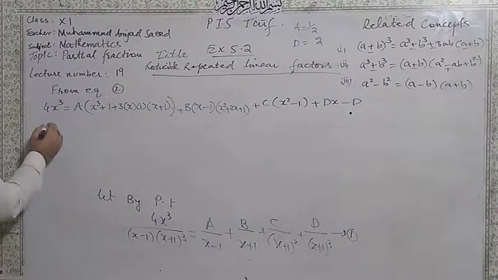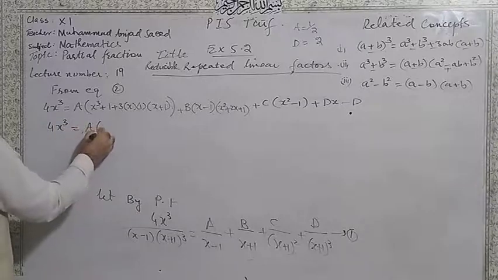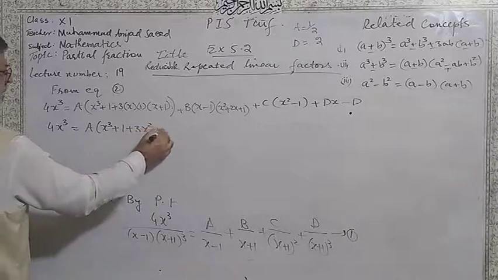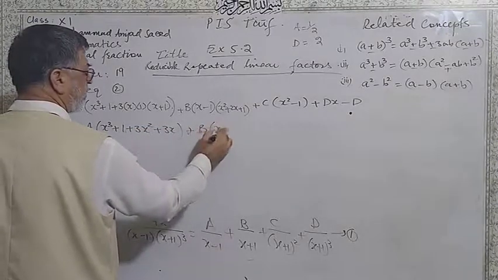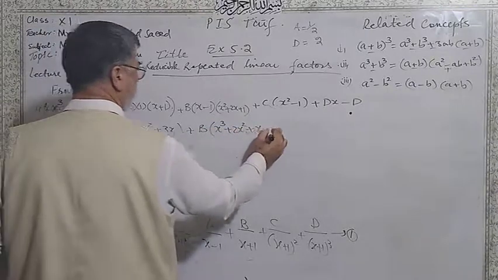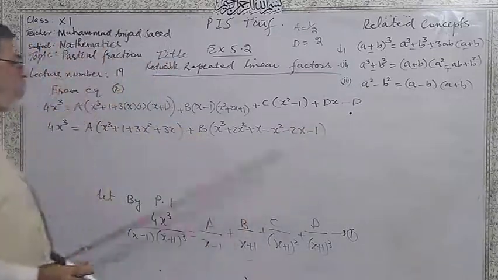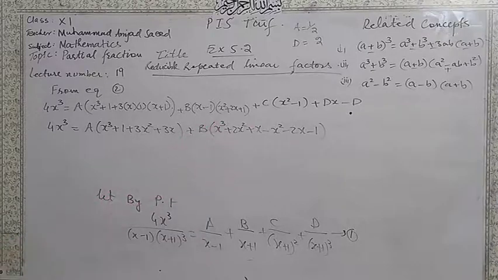Here is 4x cube is equal to a into x cube plus 1 plus 3x square plus 3x plus b into x cube plus 2x square plus x minus x square minus 2x minus 1. Open up the bracket, there is a negative sign, you will change the sign here.